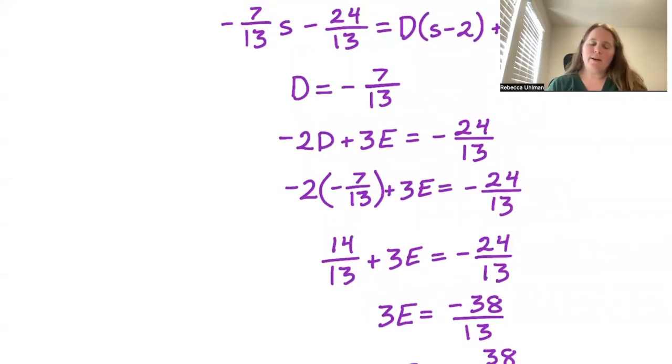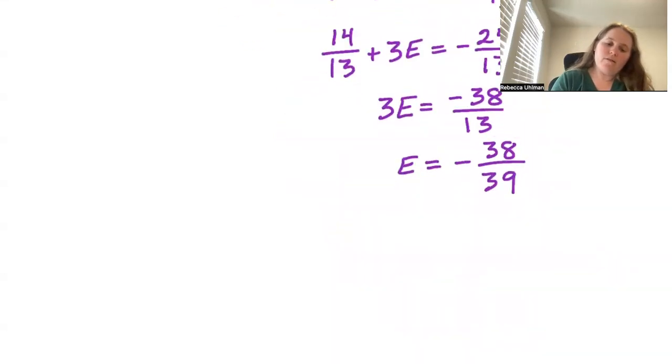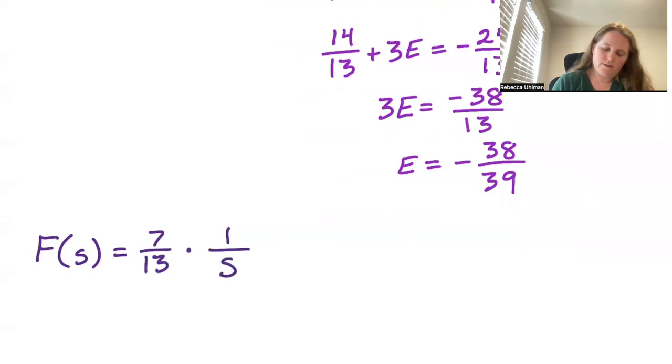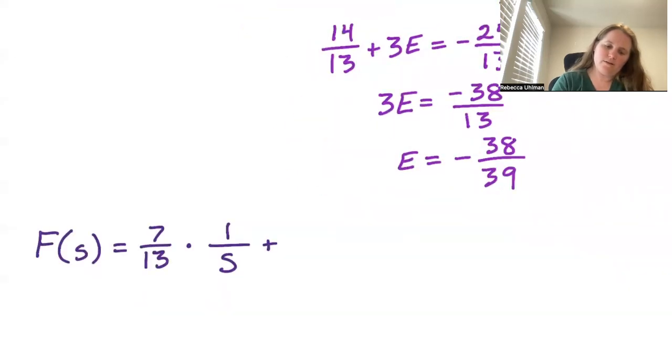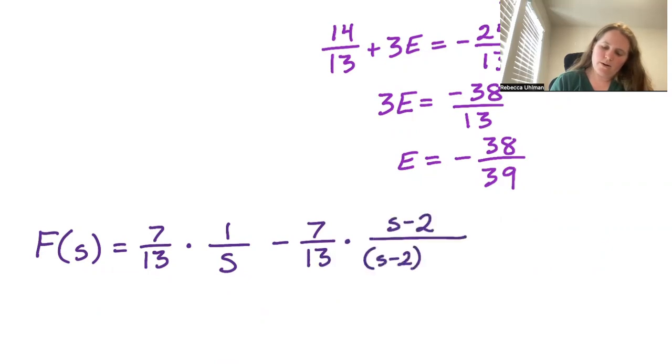So we can rewrite our entire f of s now as f of s is equal to 7/13 times 1/s, plus we have -7/13, so minus 7/13 times s minus 2 over s minus 2 squared plus 3 squared.